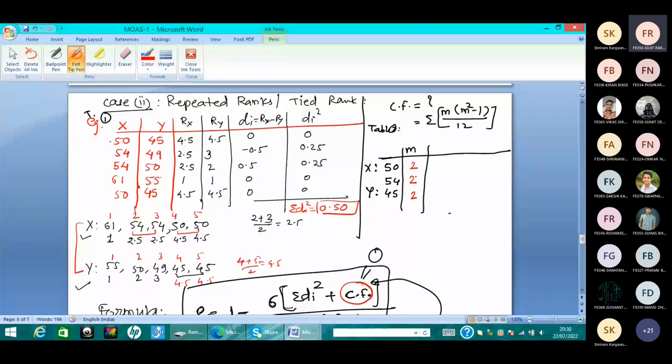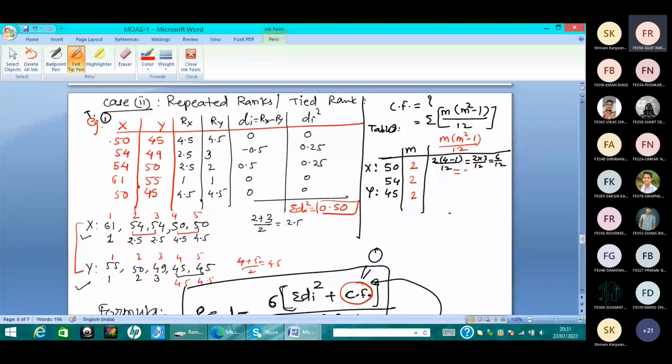Now what you do? You do a simple thing. You get this total, M into M square minus 1 upon 12. Let me do one. M is 2, 2 square means 4, 4 minus 1 upon 12. So it is 2 into 3 upon 12, so 6 by 12, which is 0.5.